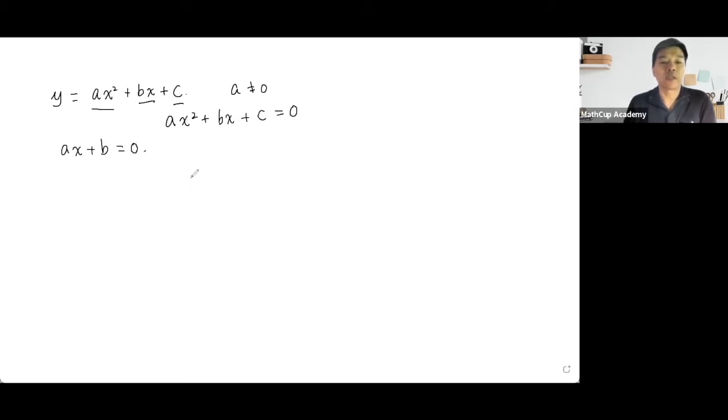This is just very simple algebra. This is equivalent to ax equals negative b, and then the solution x is going to equal minus b over a. And clearly we require a not equal to 0, otherwise this is not even a linear equation.